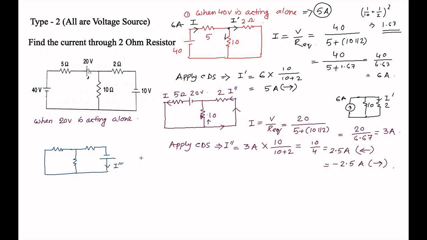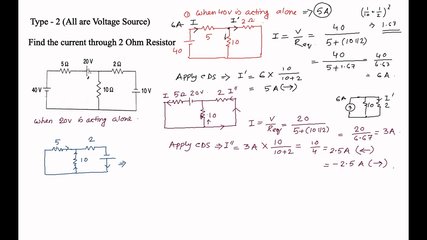Now you cannot say I triple dash yet, because the battery is supplying some current and the current is divided in this direction. If we simplify this circuit, this is 2 ohm, this is 10 ohm, and this is the 5 ohm. Now we can simplify the circuit, and if you want, you can apply the current division rule.